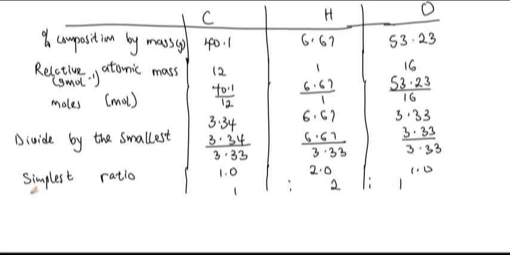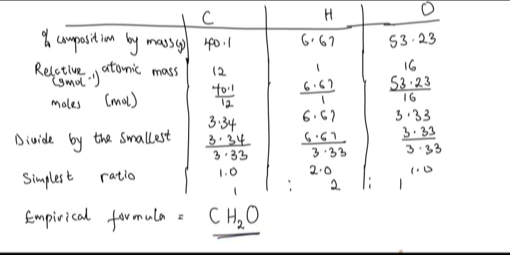The empirical formula of the compound will then be equal to C with a subscript of 1, but 1 will be insignificant here, since it is one atom of carbon, so we'll just have C. For hydrogen, H, then the number of atoms we have is 2 as my subscript. For oxygen, it is just 1 as well, so I have O here. So the empirical formula is CH2O, which should serve as the final answer to the question.